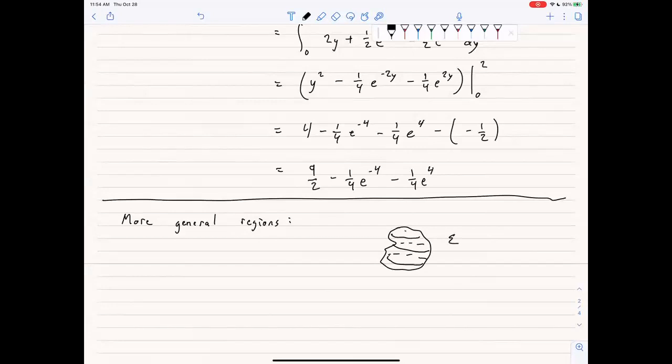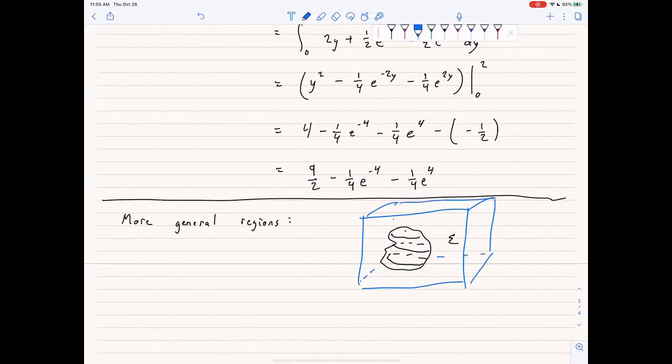Well, what you can do with your blob is put it inside of a box. So now you've got a blob in a box. And if you are interested in your function G that's just defined on E, so let's say you have a density function on E, you can extend that function so that it's a function on all of this box.